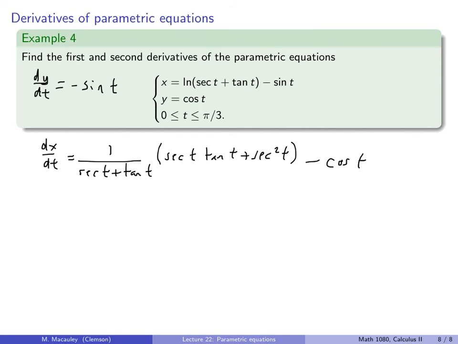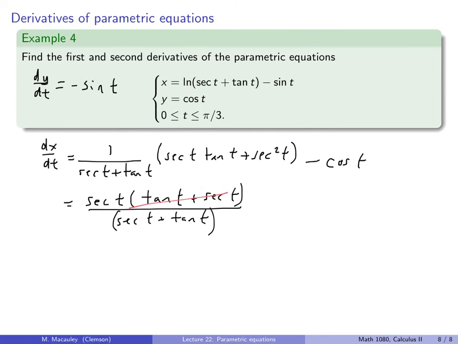Let's simplify this a little bit. I hope this simplifies. Oh yeah, good, it will. The top of this fraction is secant of t. I can factor out a secant of t: tangent of t plus secant of t. And the bottom is secant of t plus tangent of t. So I'm going to put parentheses around this, and notice that these things both cancel. Minus cosine of t.